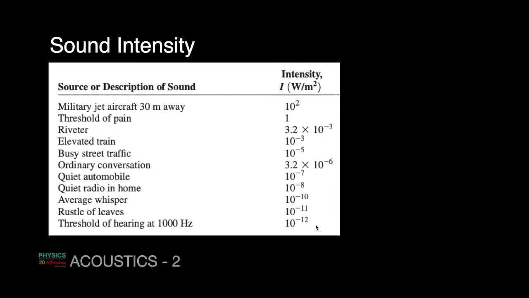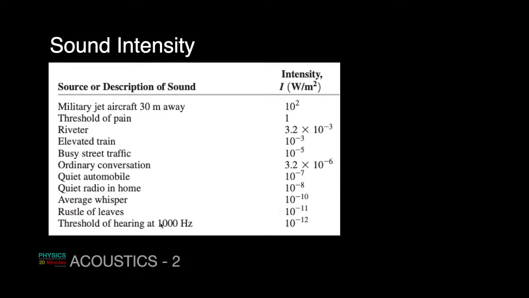That means if you have a 1000 hertz signal and its intensity is as little as 10 power minus 12 watt per meter square, then you would at least be able to hear it.